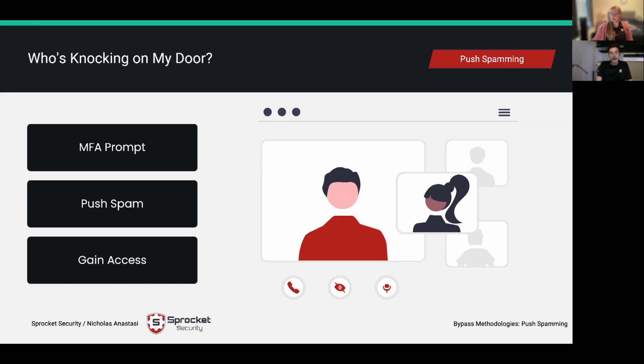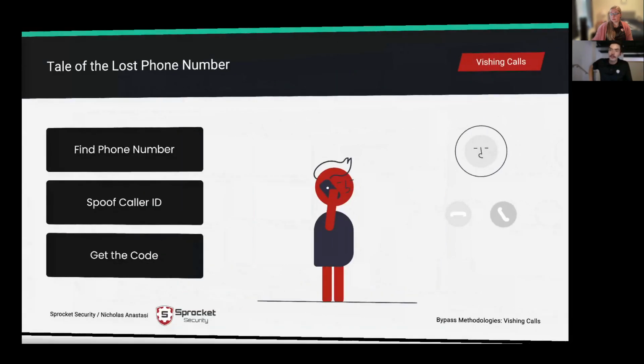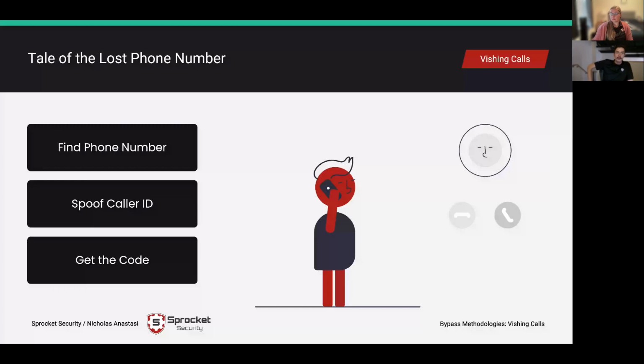So, hopping on to the next slide, in response to these problems surrounding push-based MFA, Microsoft said, let's implement number matching as a kind of secondary MFA methodology. So instead of a user saying yes or no when they authenticate to their account, a number will pop up on the screen on their mobile device.